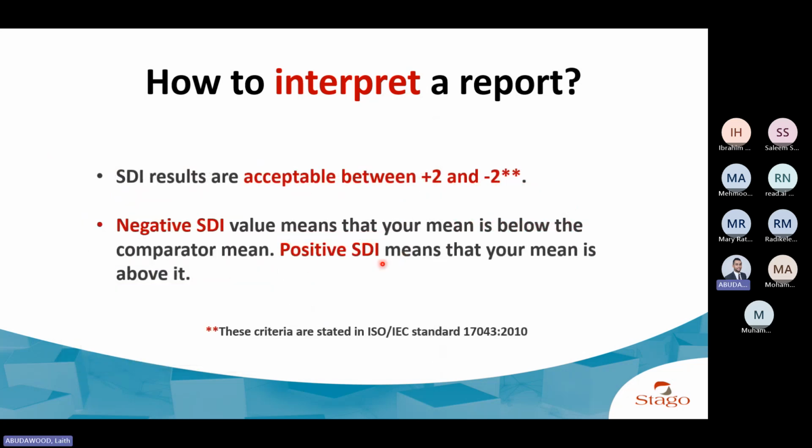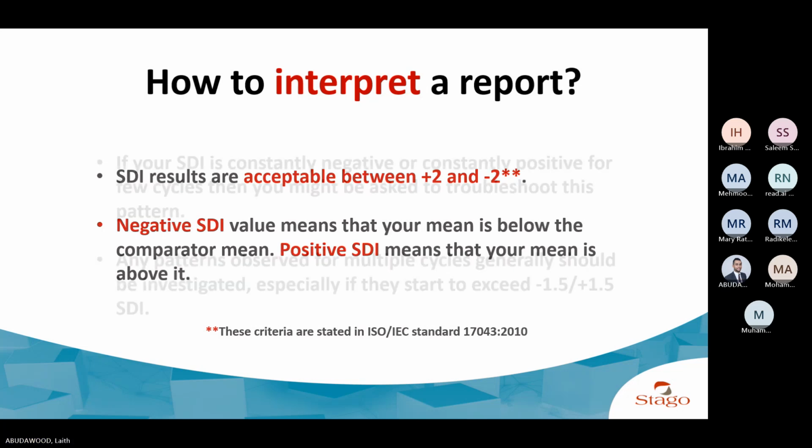If you get a positive SDI, it means that your value is higher than the mean of the other labs, or the peer mean, or the method mean, whatever you are comparing to. Okay, so positive SDI means you are higher. Negative SDI means you are lower than whatever reference you are comparing to. And again, we are acceptable between 2 and -2.